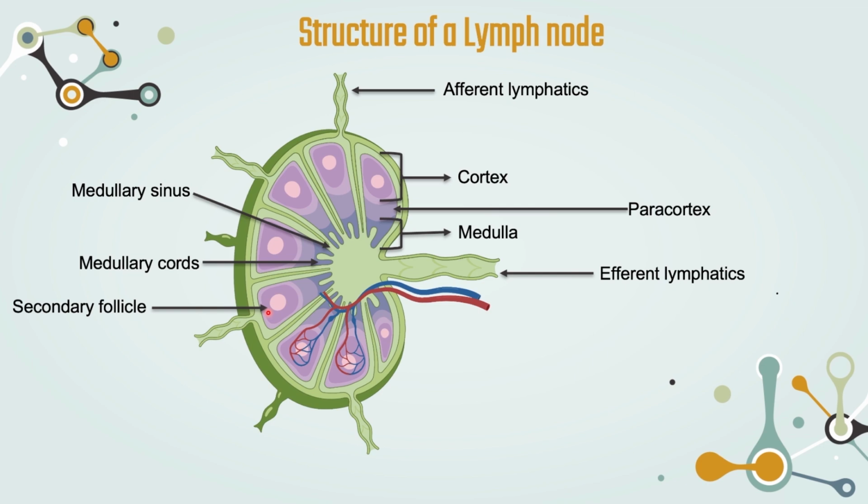The way the question is asked is that B cell activation occurs after an antigen exposure. Let's say you get a bacterial infection and you need to produce antibodies against that organism. So the B cell needs to be activated, differentiated, and proliferation has to occur to produce those antibodies. This activation and proliferation occurs in the secondary follicle.